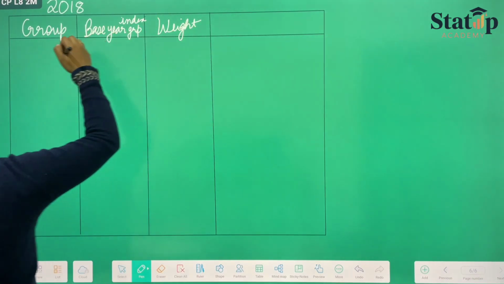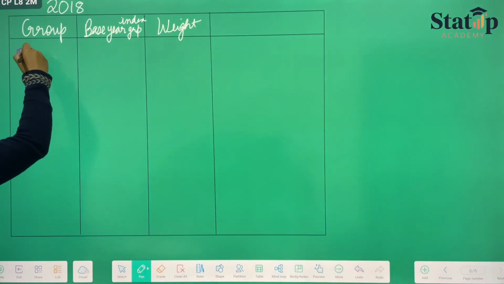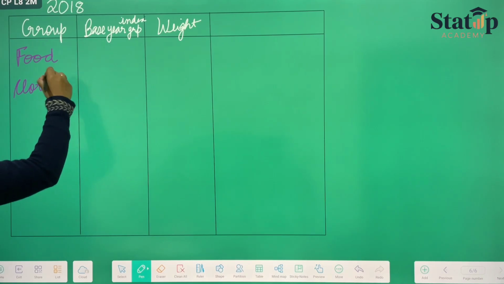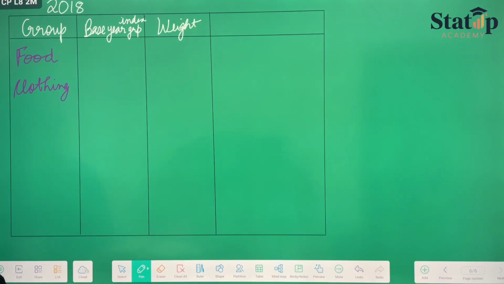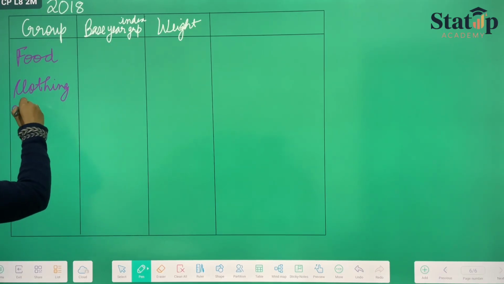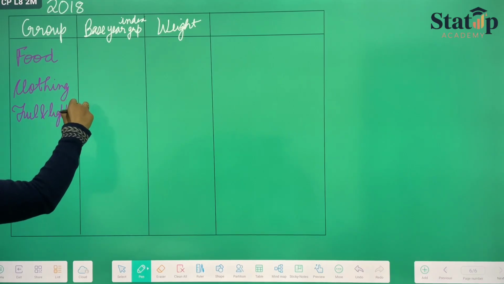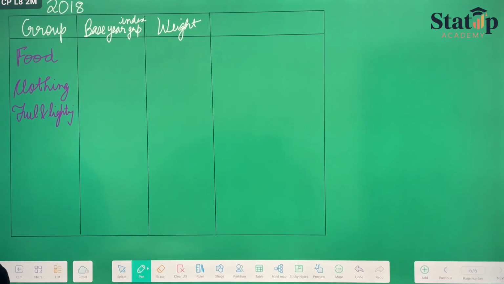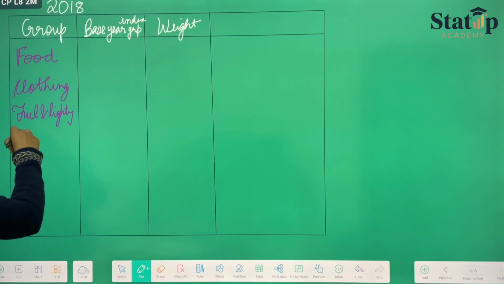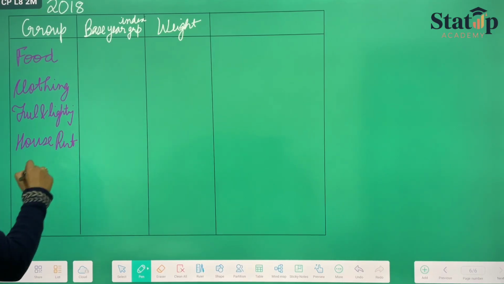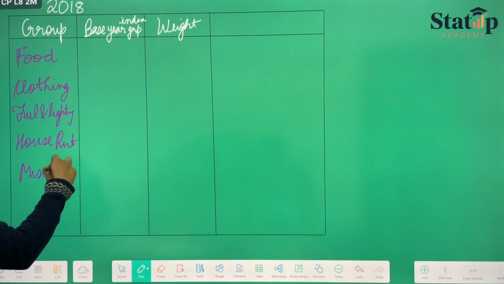The groups are first food, then clothing, then fuel and lighting, then house rent, and then miscellaneous.